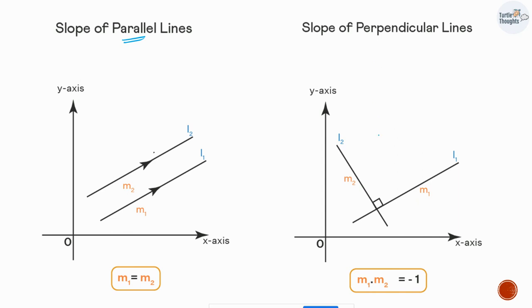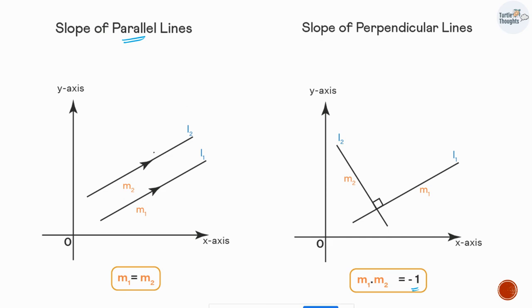If L1 and L2 are perpendicular, then the product of the slope of L1, which is m1, and the slope of the line L2, which is m2, is given by -1. So whenever the two lines are parallel, m1 and m2 will be equal. Whenever they are perpendicular, the product is going to be equal to -1.